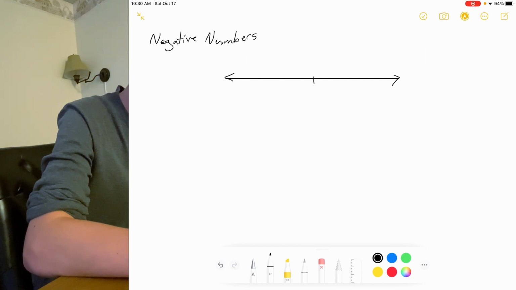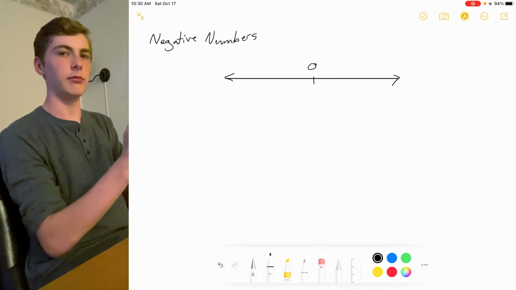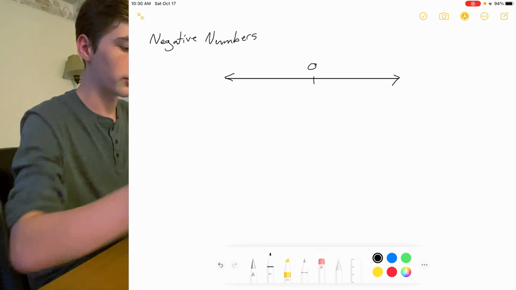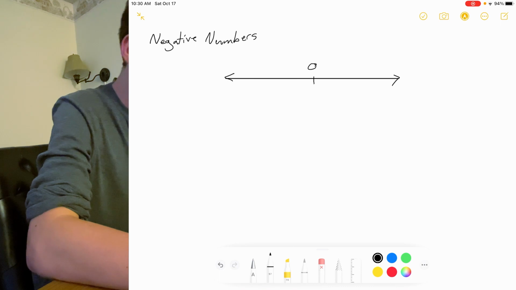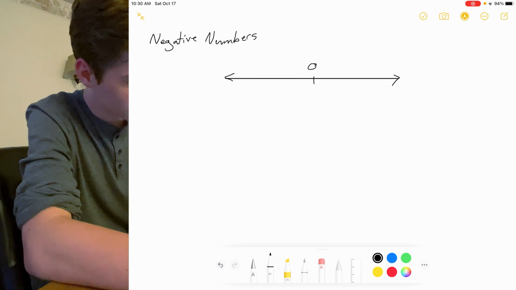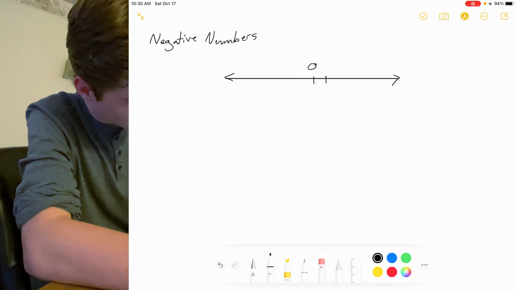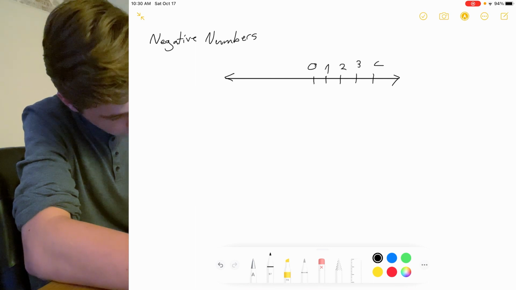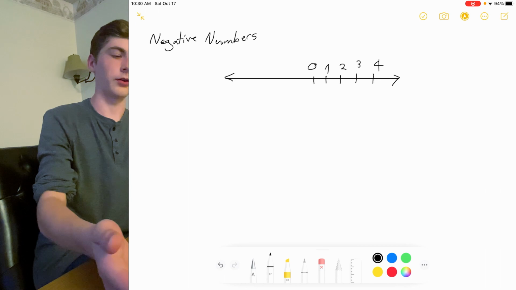So we've got 0 right in the middle of the number line. 0 is like our starting point. And then if we go to the right, and hopefully you're familiar with this already, we're going to have 1, 2, 3, 4, and it would keep on going forever.